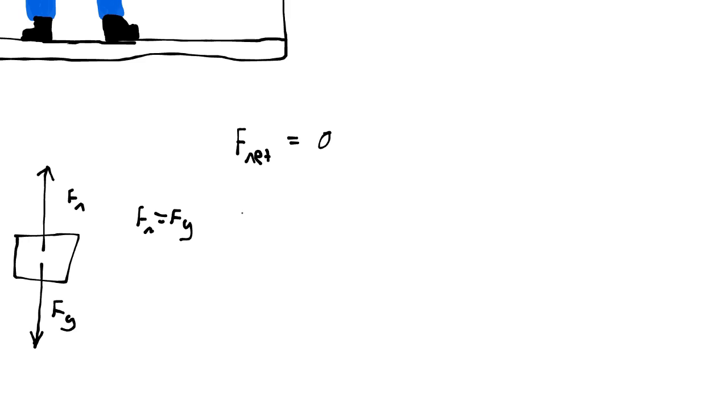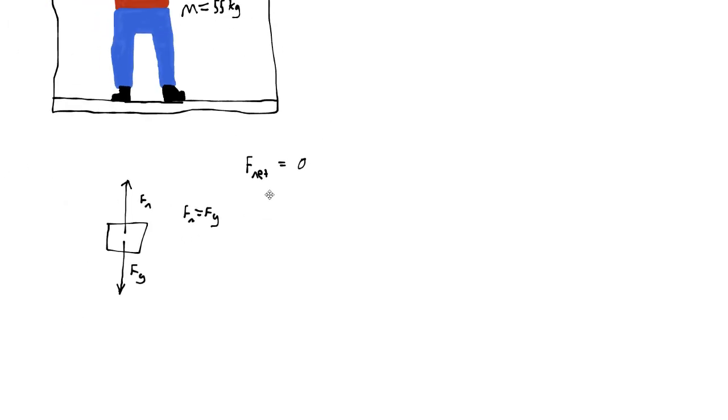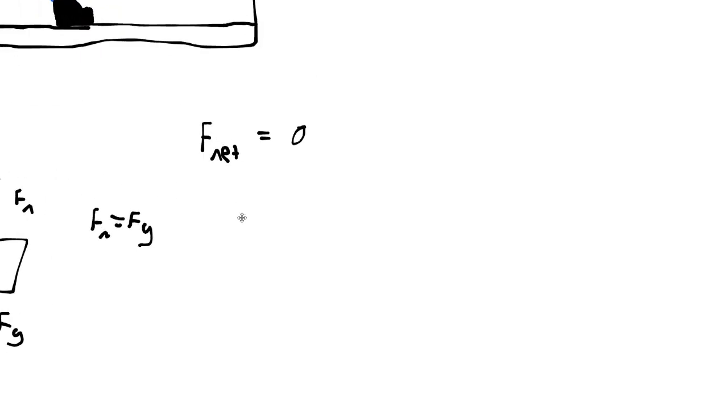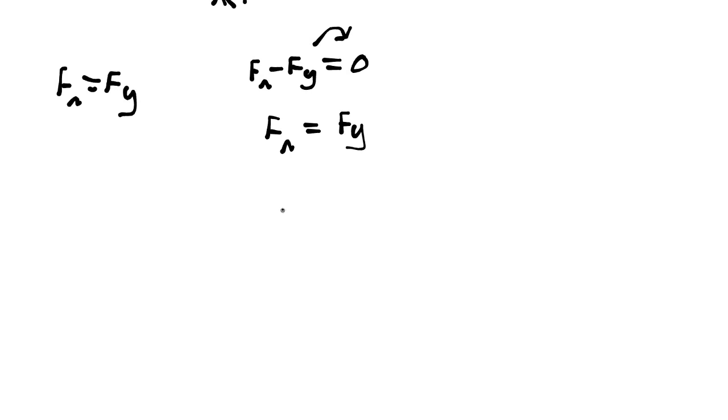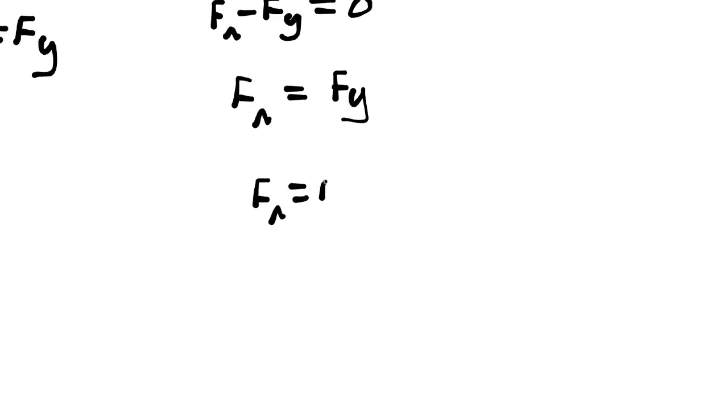So we'll do force of normal minus force of gravity equals 0. Then we can just move force of gravity to the other side, and you'll get force of normal equals force of gravity. Then we just fill it in: force of normal equals mass times gravity.